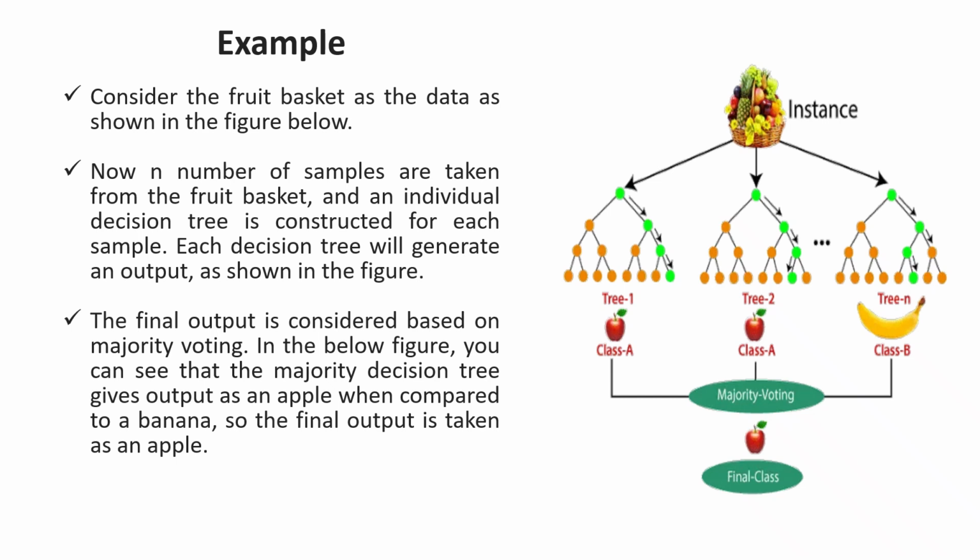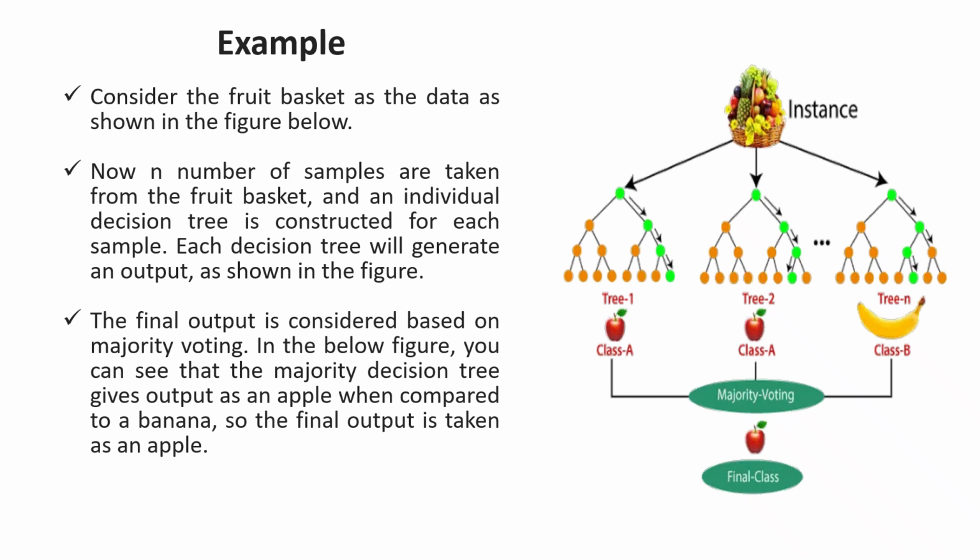According to that, the voting process is done, and we find out what fruit the majority votes for. According to this example, the majority selected apple, and we conclude that this is the result. The voting gives apple as the result.